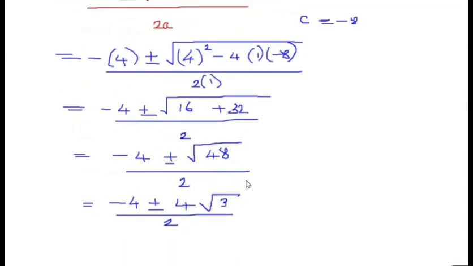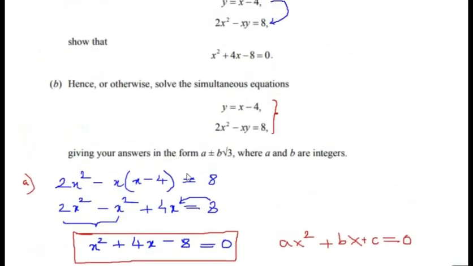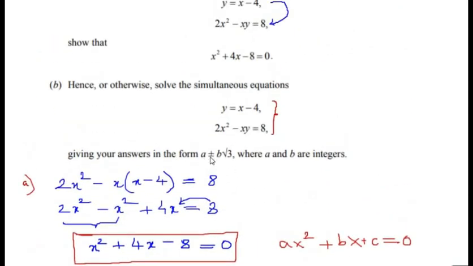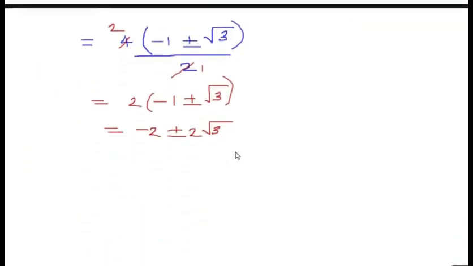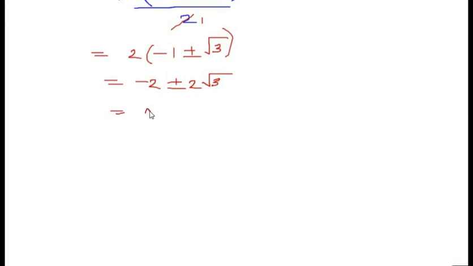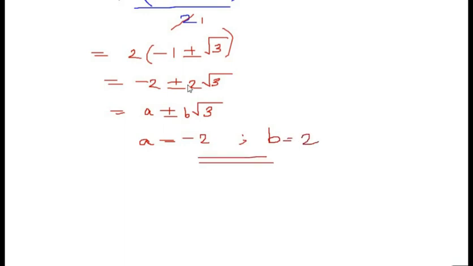So as you can see over here, they wanted us to get the answers in the form a plus or minus b root 3. So we have got the answer as a plus or minus b root 3, where a is equal to negative 2 and b is equal to 2 by comparison. So this is the way we solve these kind of examples.